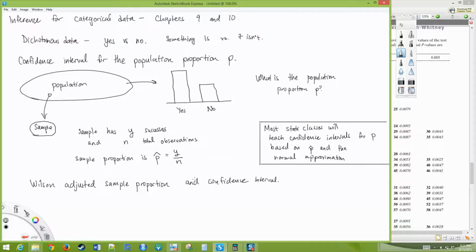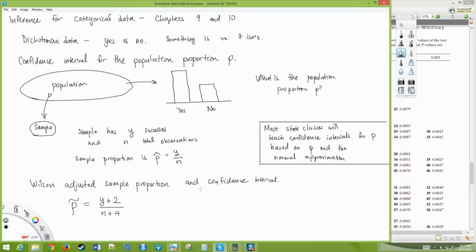Instead of calculating p hat, we calculate the Wilson adjusted sample proportion, which is p tilde or p squiggle, and we add 2 to the numerator and 4 to the denominator.